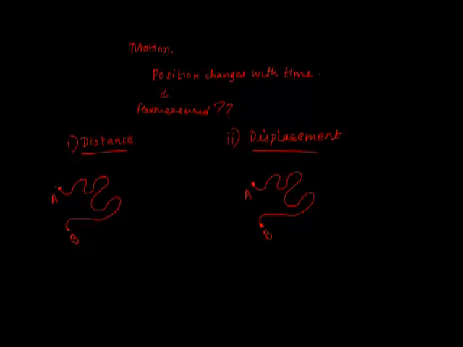For the same path that an object traveled from A to B, the displacement would be the line joining the first point to the final point. That would be this distance AB. So I hope all of you understood the difference between distance and displacement.